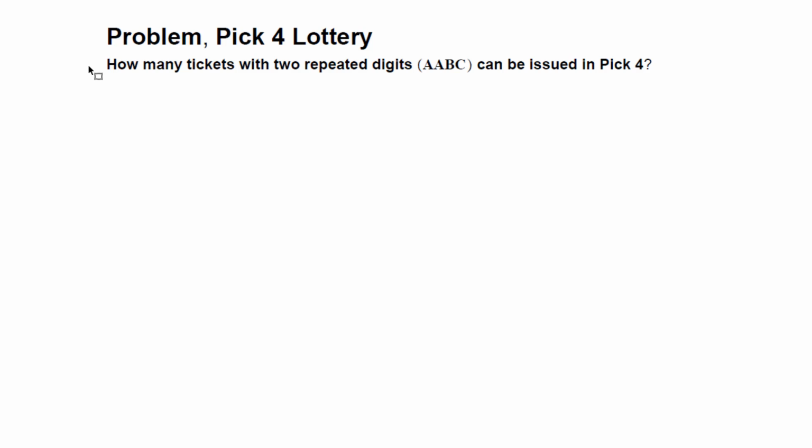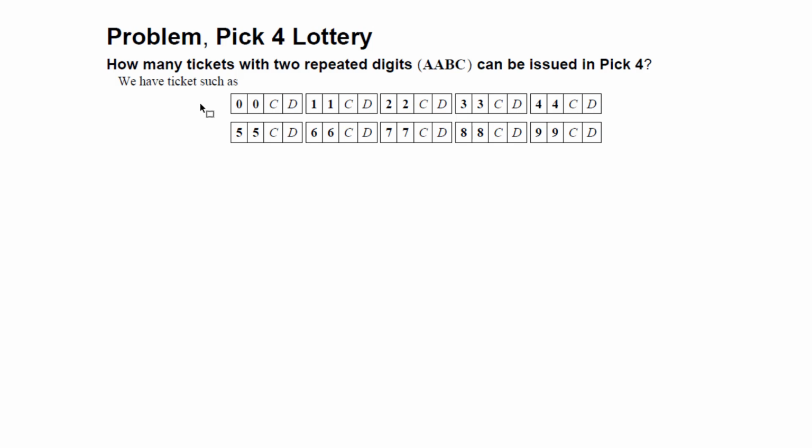How many tickets with 2 repeated digits, A, A, B, C, can be issued in Pick 4? Let's start. The repeated digits can be 00, 11, 22, until 99, and this is the form we have.